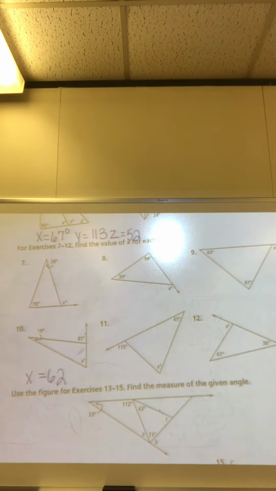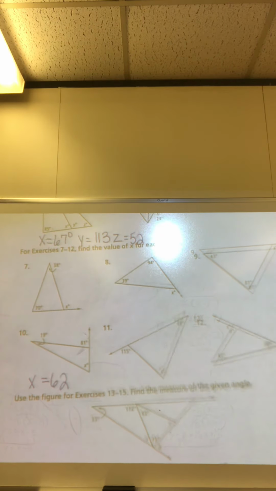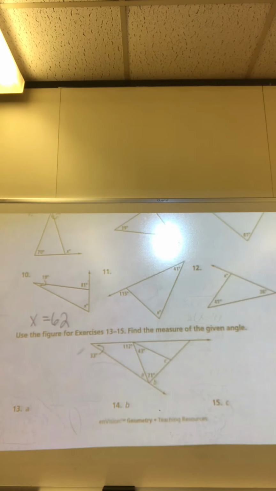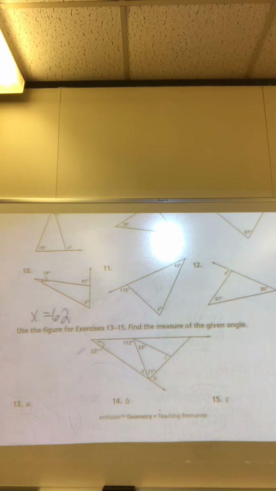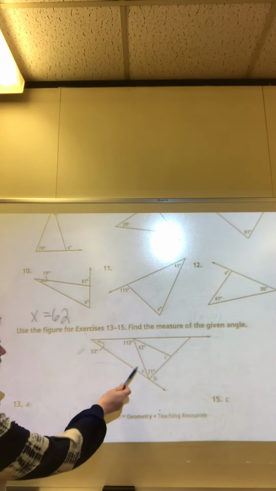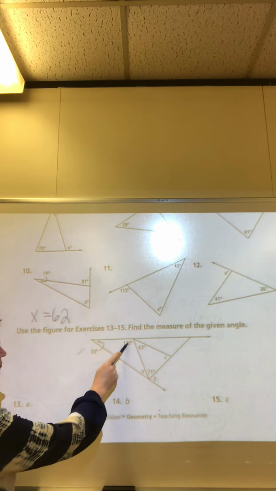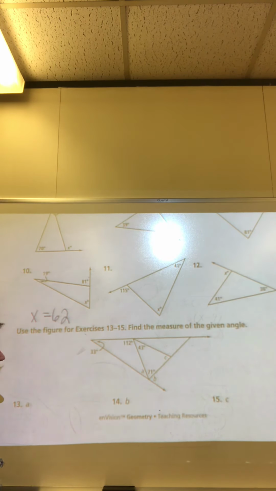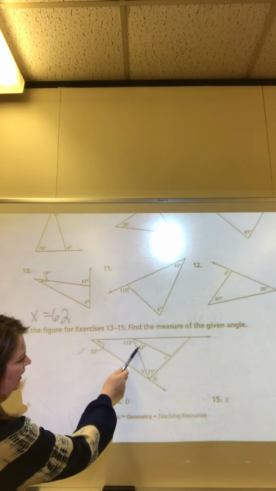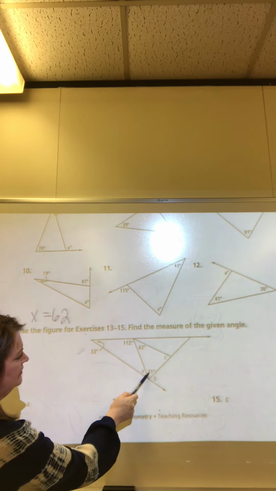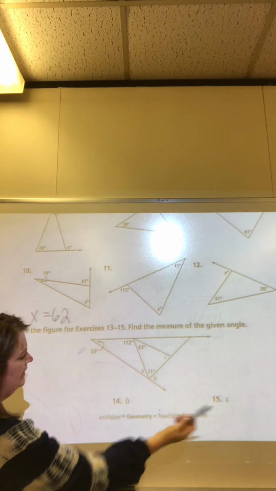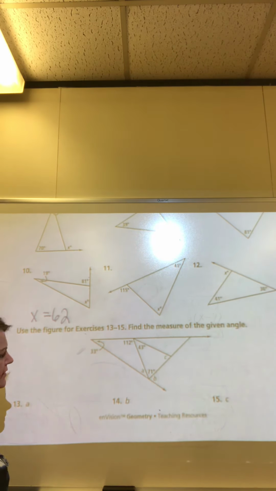Now I'm going to move it up just a little bit for you for the bottom. I'm not going to help you with all of these, but I do want to talk about a couple things. To find A, you're going to have to know that A plus 35 plus 112 is 180 degrees and solve it. Okay? B, or C, again, we have a little triangle here. So 71 plus 43 plus C is 180 degrees.